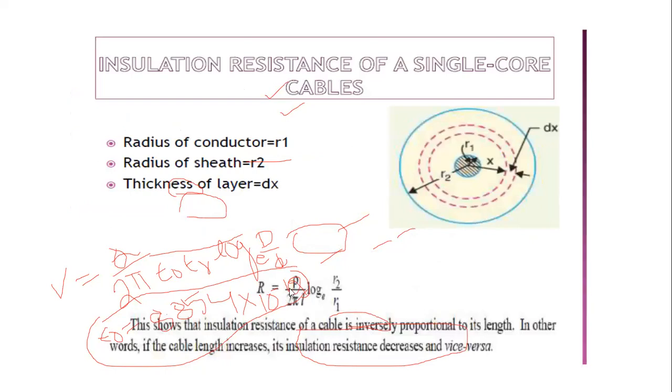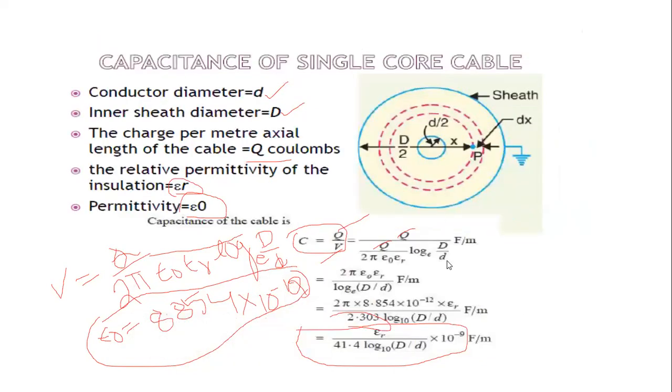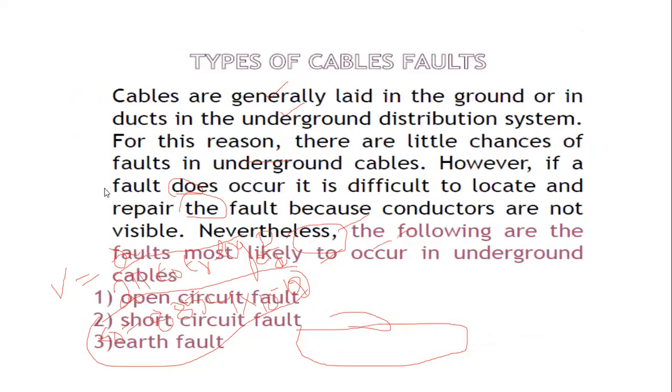That is R is equal to rho by 2 pi L log e R2 by R1. This is the formula for calculation of resistance of a single core cable, and this is the formula for calculation of capacitance of a single core cable. Therefore capacitance C is equal to epsilon r by 41.4 log base 10 D by d into 10 power minus 9.